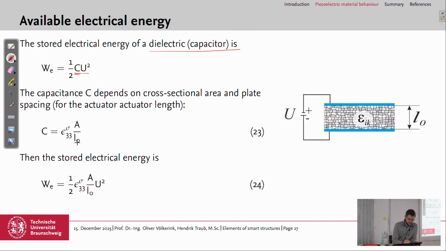And the capacitance can also be expressed as the permittivity in 3 direction at a constant electric field times the area A divided by L0, which is the distance between the electrodes here. And then, if we insert this definition of the capacitance into the equation above, we come up with this equation for the stored electrical energy.